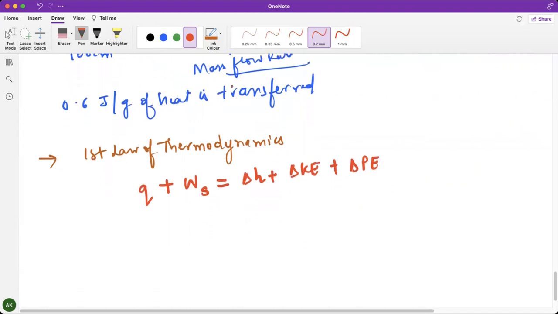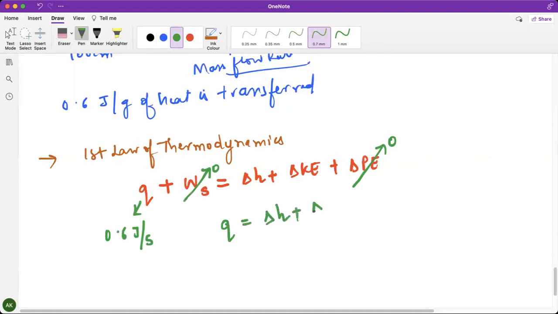Okay, so now this is given to us as 0.6 joules per gram. Shaft work is 0 in case of a nozzle, and also the potential energy is 0 as there is no significant increase or decrease of elevation. So we have that the heat exchanged is equals to change in enthalpy and the change in kinetic energy.